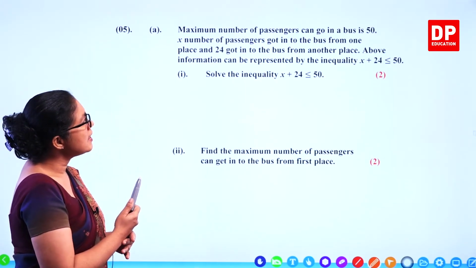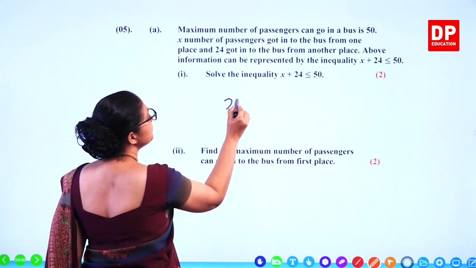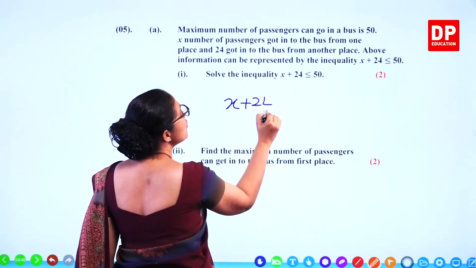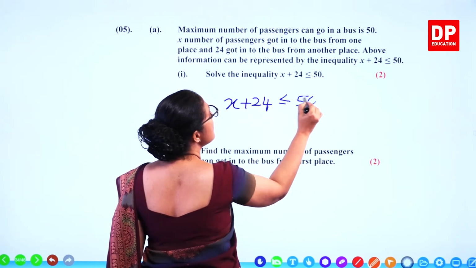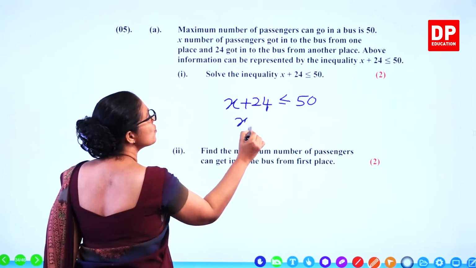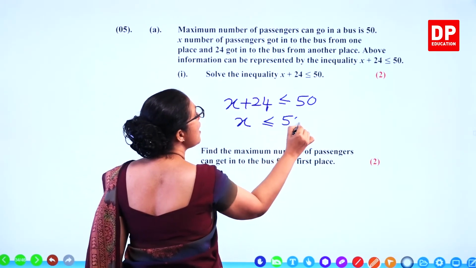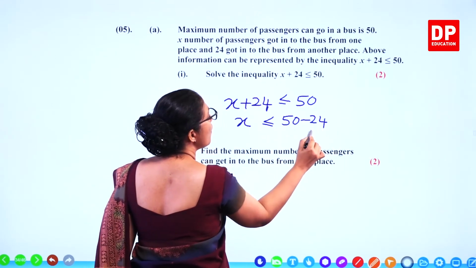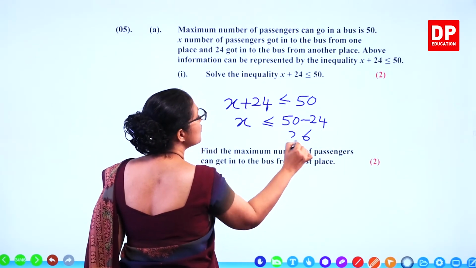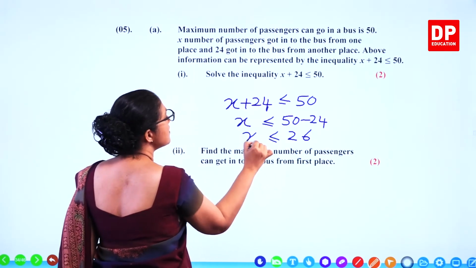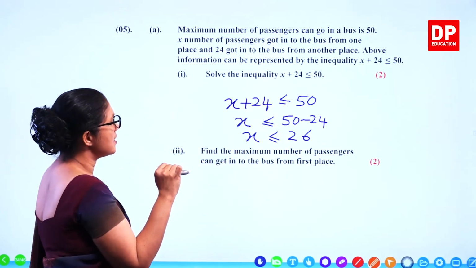Solve the inequality. So how you solve that? You can take 24 to the other side. That means subtract 24. So x becomes 50 minus 24. That's 26. So x is less than or equal to 26.